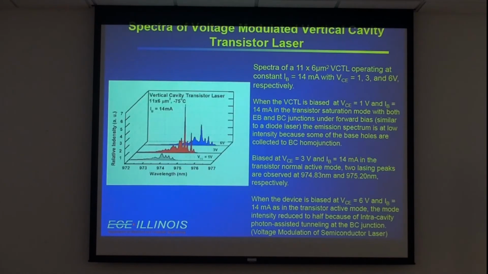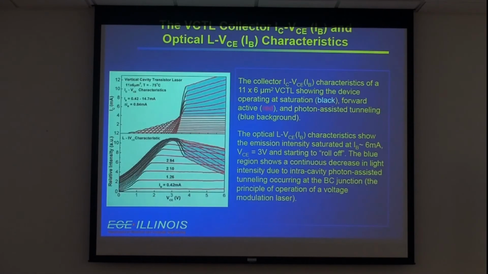This is another situation we took, to verify different VCE: VCE equals 1, 3, and 6 volt. You have very different light output.